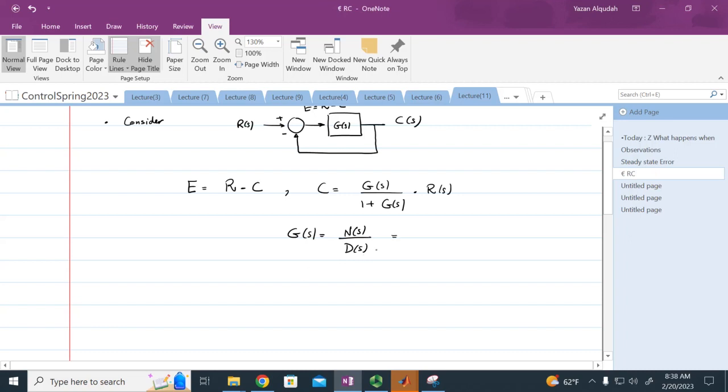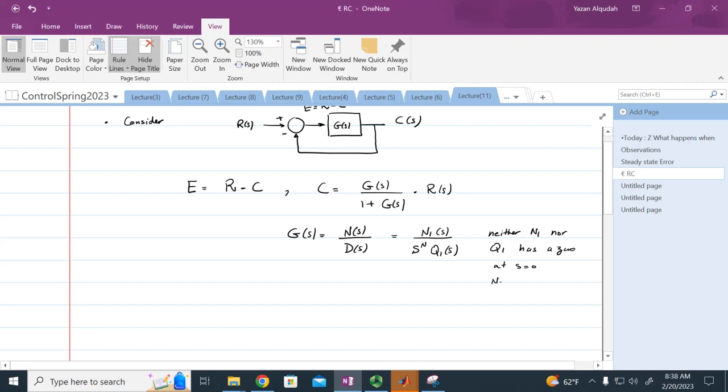We're going to take this numerator and the denominator, and we're going to write it as N1 of S divided by S to the N multiplied by Q1 of S, where neither N1 nor Q1 has a 0 at S equal to 0.